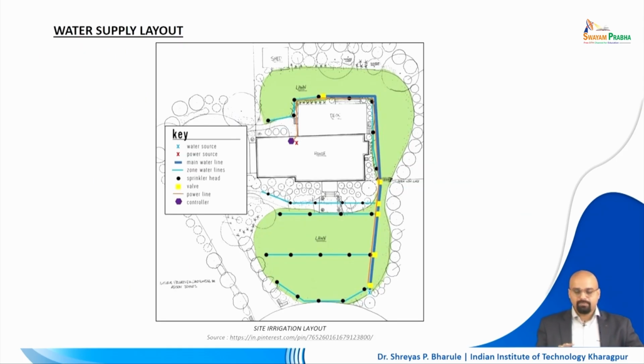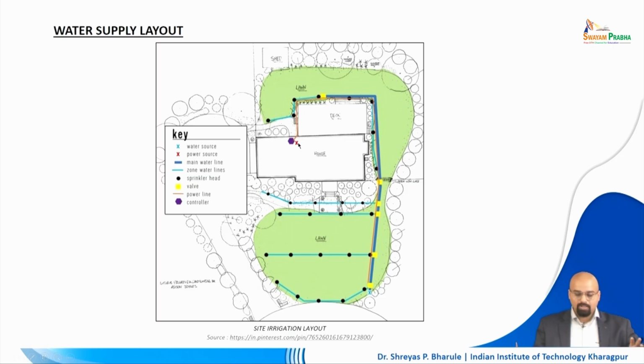So, moving forward, if you see a site like this, you will see that the site has an access, and this is how all of your layouts will look together. In this case you have your water source coming in, right. Here you do have your water line which is going out all around. Then you see the red X which is the power source.